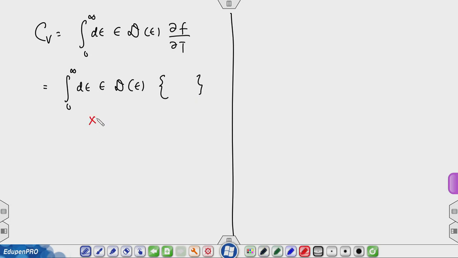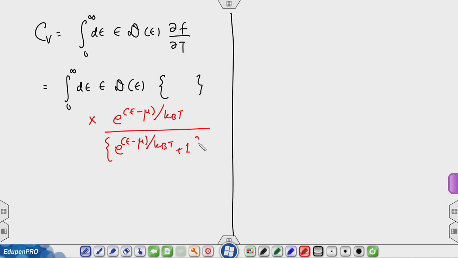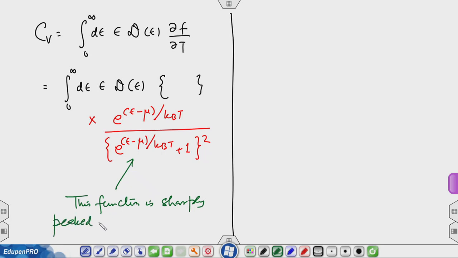What is important is that you are going to have e raised to (epsilon minus mu) over kB t, over (e raised to (epsilon minus mu) divided by kB t plus 1) whole square. And we have seen that this function is sharply peaked at epsilon equals mu.